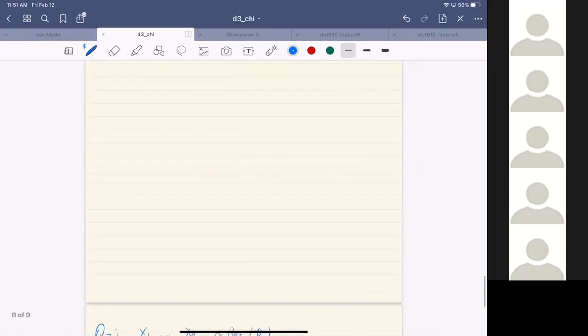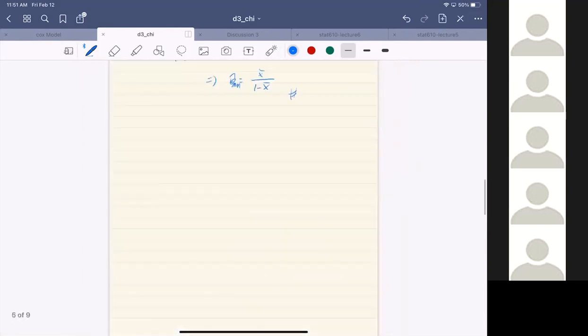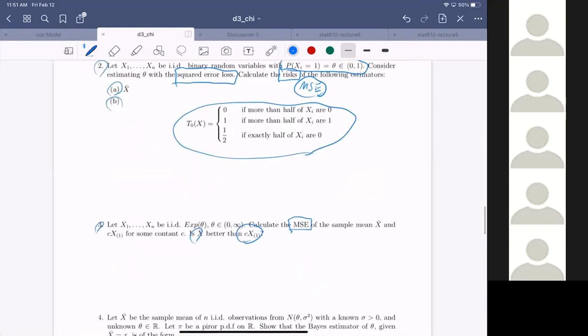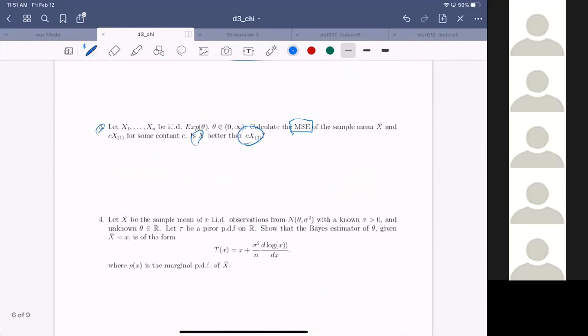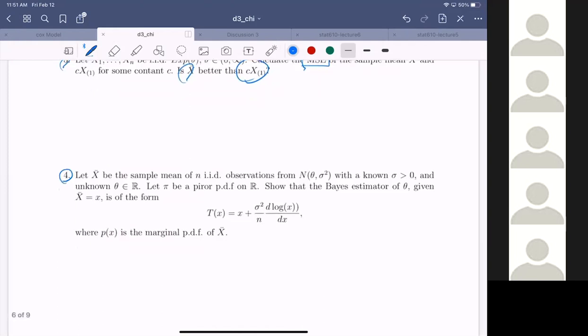Okay, so now please try to do question 4. In question 4, you want to find the Bayes estimator of theta.